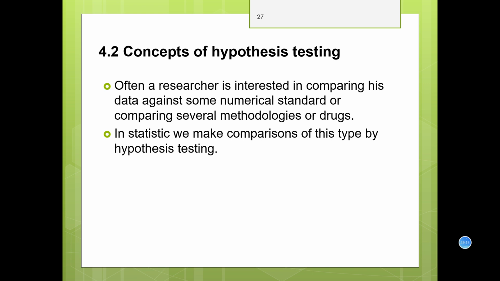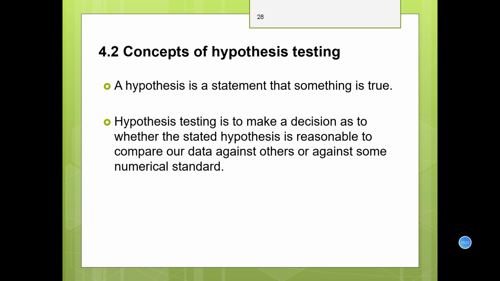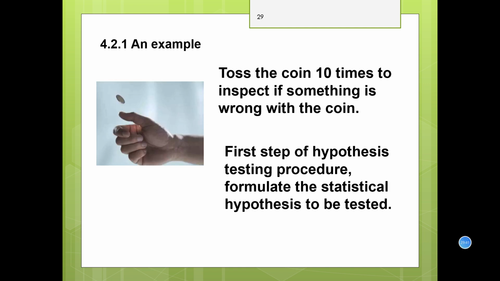At this moment, we need the method of hypothesis test. Hypothesis testing is to make a decision as to whether the stated hypothesis is reasonable, to compare our data against others or against some numerical standard.